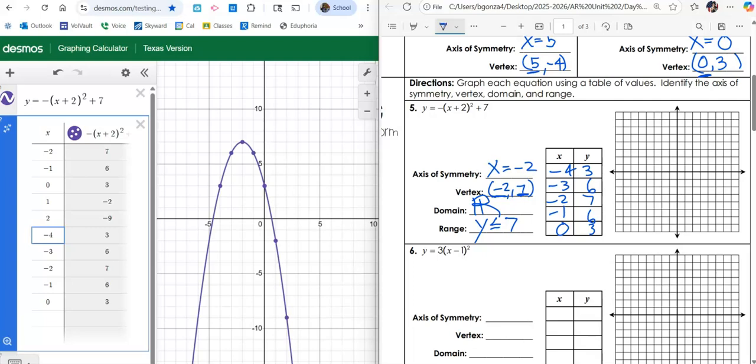Guess what you've got to do? Graph it. Okay? So, negative 4, positive 3. That means left 4, up 3, put a point. Negative 3, 6. Left 3, up 6, put a point. Negative 2, 7. Negative 1, 6. 0, 3.